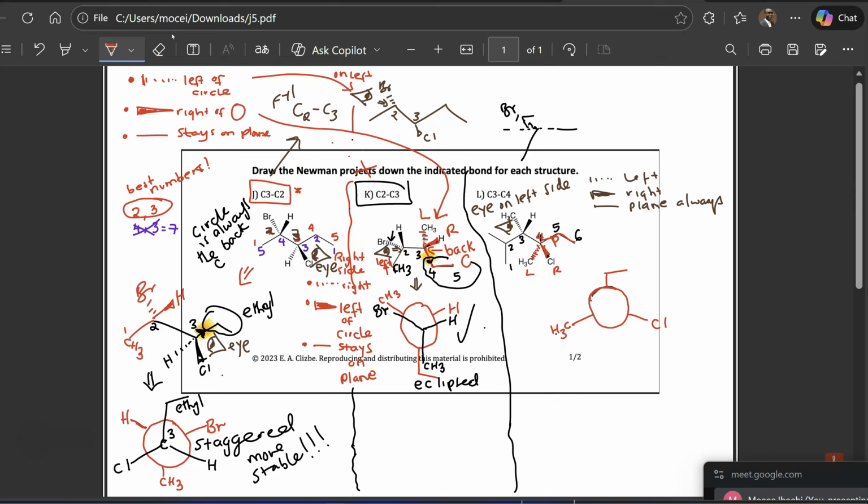Plain up. Okay, so now that is done. And then now I go to the front carbon. Isopropyl crosses going down on the plane. The methyl group left up. Hydrogen right up. I hope you have this structure.